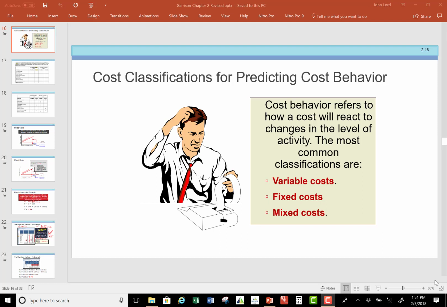Our costs will be fixed if we produce no units, and as soon as we start producing units, we'll start incurring some of these costs. So some costs are mixed in that they have a fixed component, but as we start using them, we start using up some units, we'll also have a variable component, okay? So can you think of an example of a mixed cost?